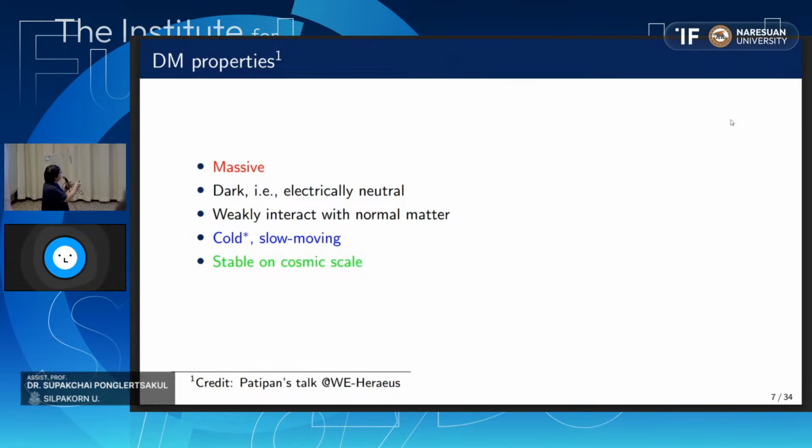It should be electrically neutral, so it doesn't interact with electromagnetic radiation, and it should interact weakly with normal matter. It should move very slowly, or be cold, and it should be stable on the cosmic scale, so it should have been there for really long times.